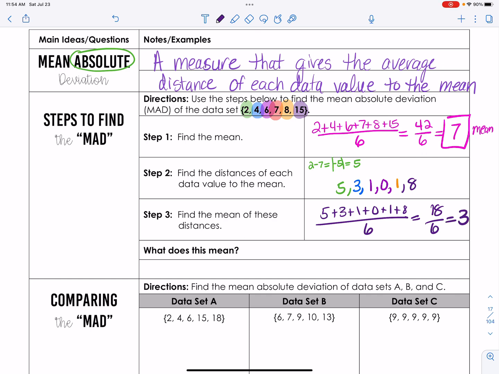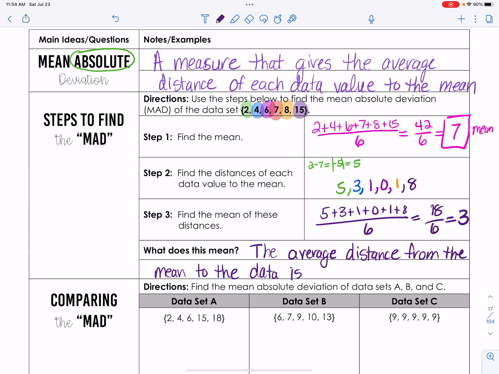So that means the average distance from the mean to the data is 3.